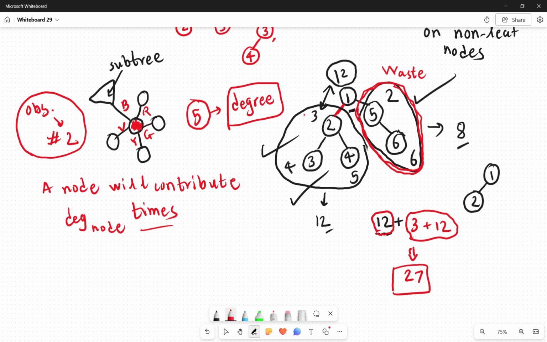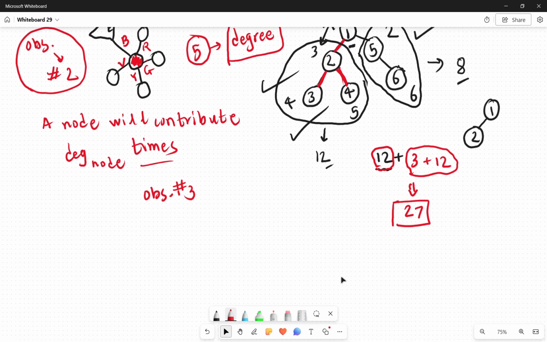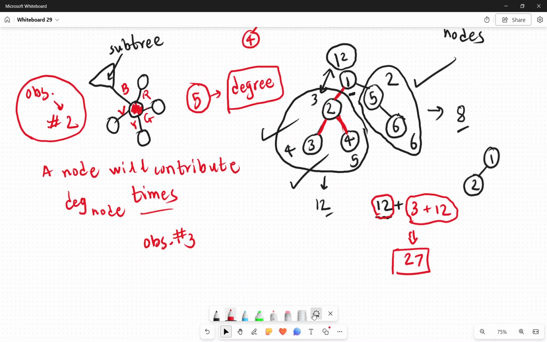So this is the most crucial observation, observation number 3. What if I draw a red edge here and here as well?